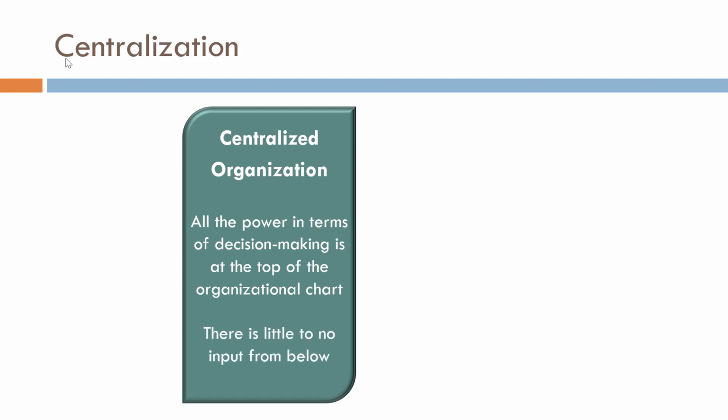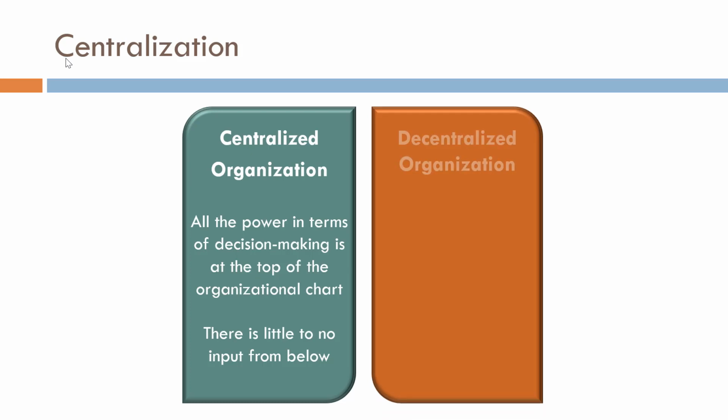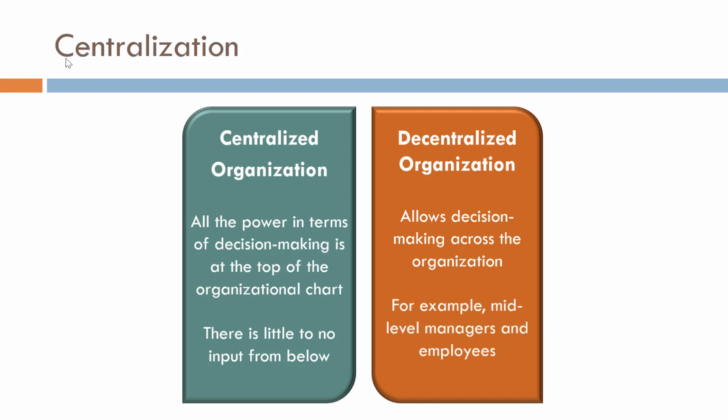There is little to no input from below, whether that be from clients, from frontline workers, or mid-level managers. In a decentralized organization, however, there is opportunity for decision making across the organization. So that means mid-level managers and employees have a say in the decisions that are made.